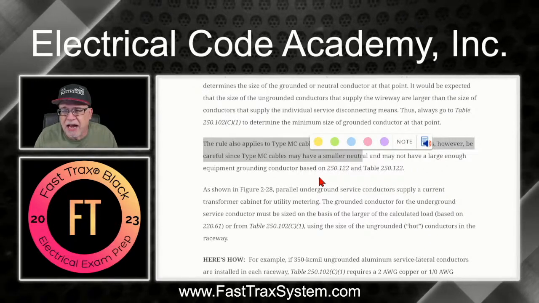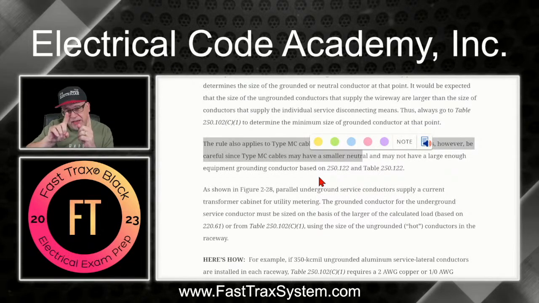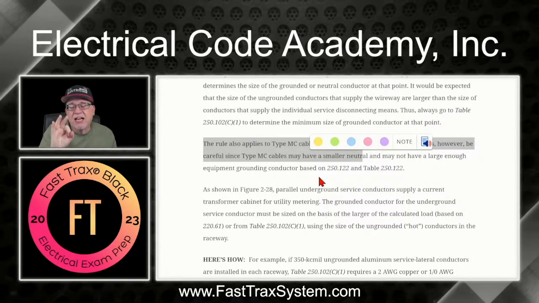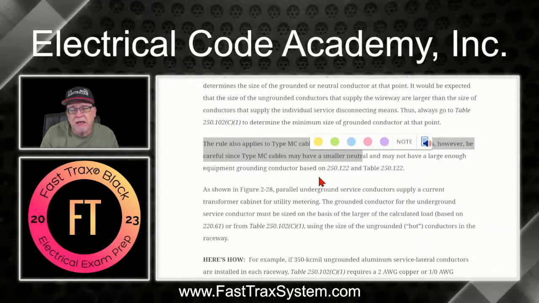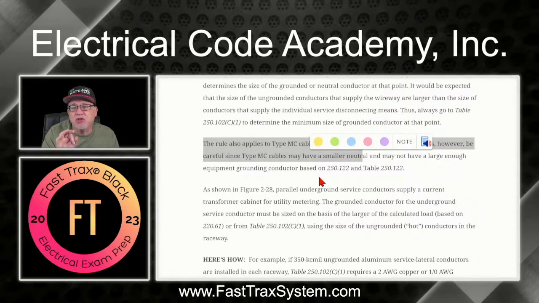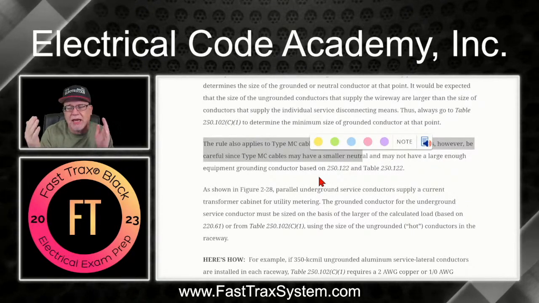The equipment grounding conductor, typically because of feeder applications, because you're not going to have an equipment ground on the service, it's going to be on a feeder, it could also be sized too small to handle a parallel application.